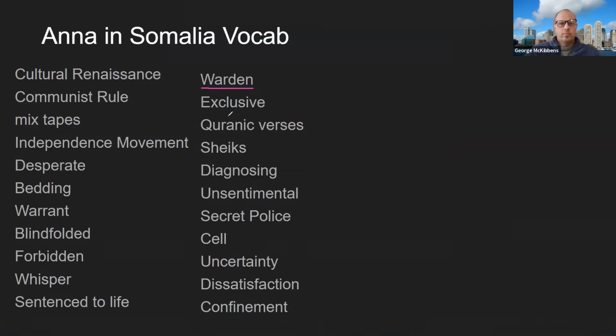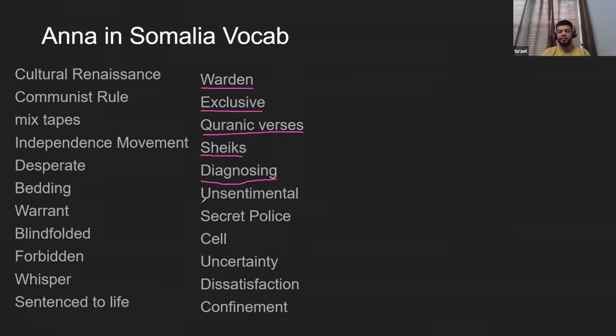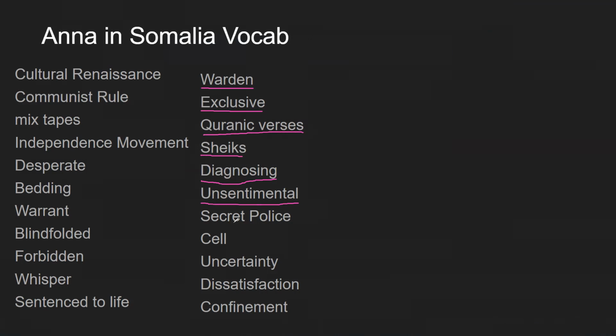Warden. Warden. Exclusive. Exclusive. Quranic. Quranic. Sheikh. Sheikh. Diagnosing. Diagnosing. Unsentimental. Unsentimental. Secret police.